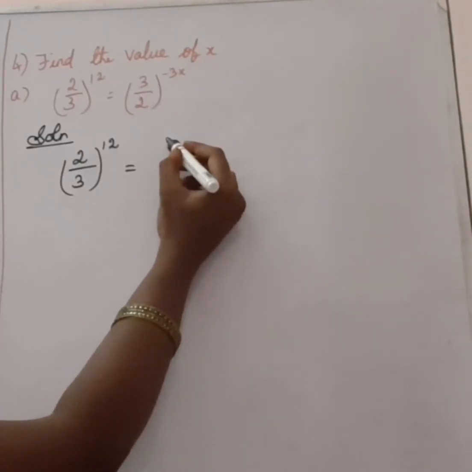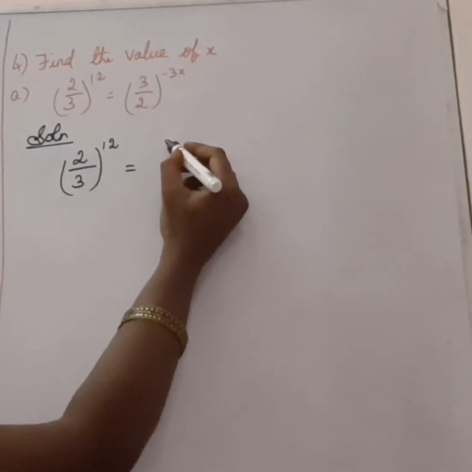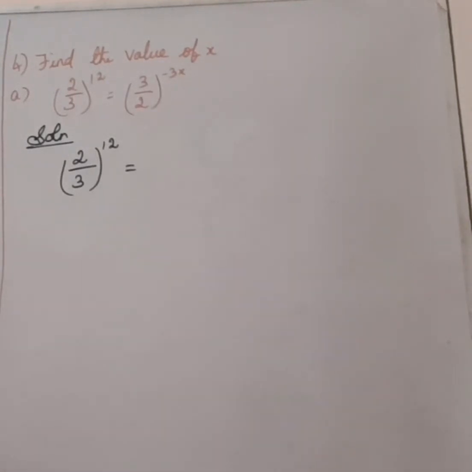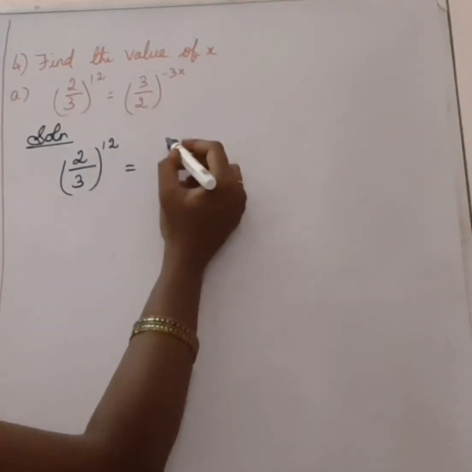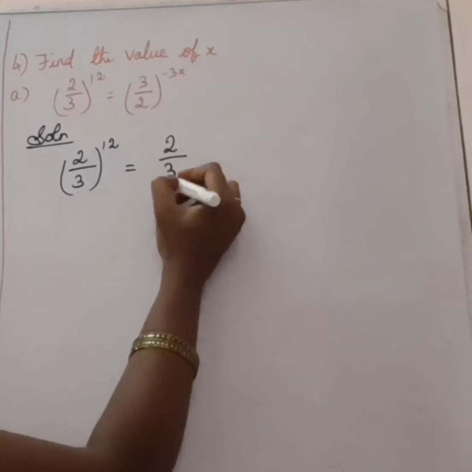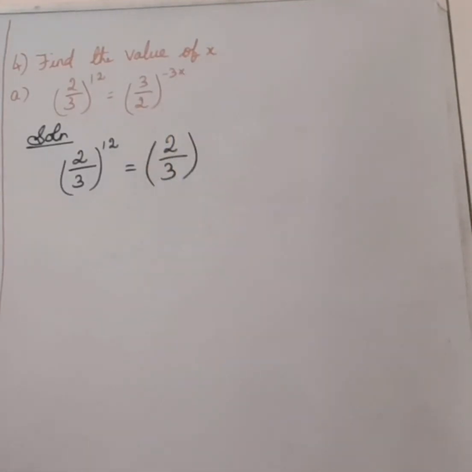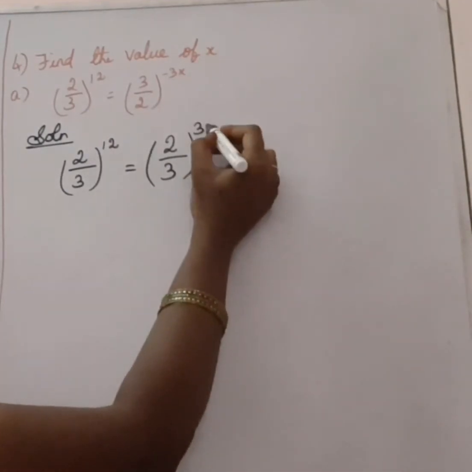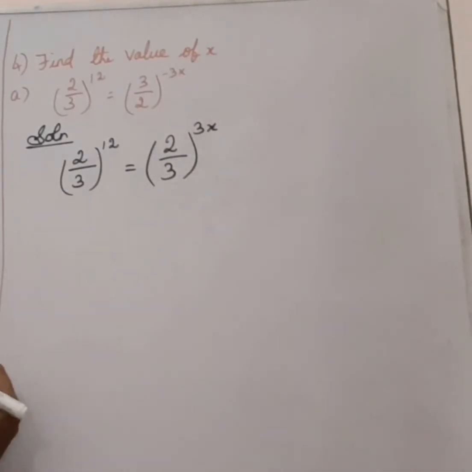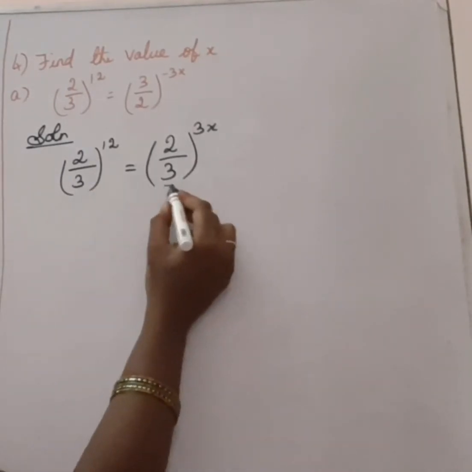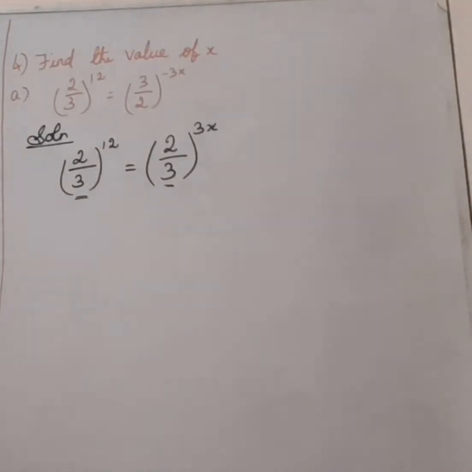Very good. What is the reciprocal of 3 by 2? It is 2 by 3, the whole power, and minus 3x becomes plus 3x. Now here 2 by 3 and here also 2 by 3.